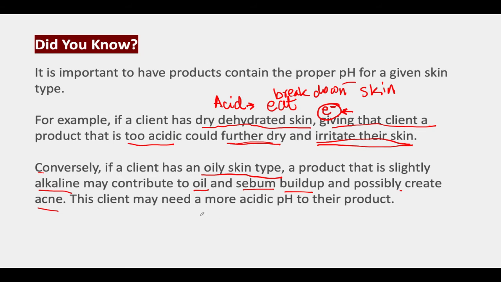But what happens with alkaline? Let's take a look. Sodium hydroxide is an example of an alkaline product, and you see the oxygen in there. It loves to take electrons.